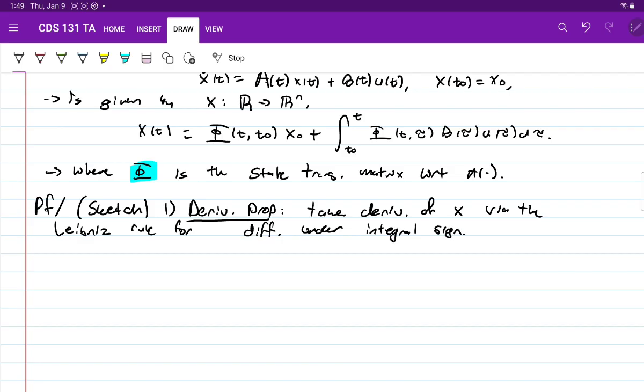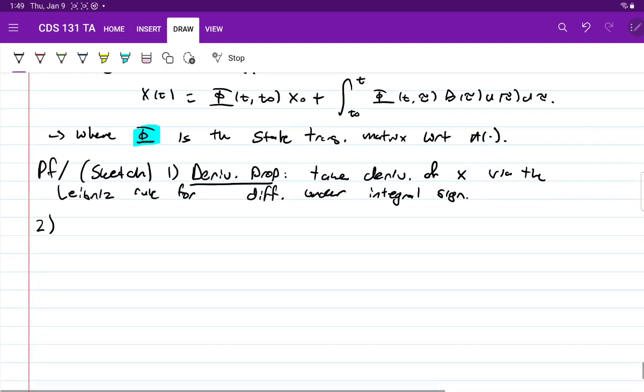If you haven't heard of this before, this is contained in the notes, and it just gives you a nice formula for taking the derivative with respect to t when the functions inside your integral depend on t. So the derivative property will just directly pop out of this Leibniz rule for differentiation.